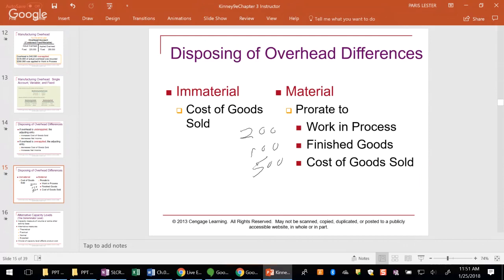Now, if that be the case, you'd add those three up, and you would get 800, 800,000, 800 million, whatever you want there, and you'd put 2 over 8, 1 over 8, and 5 over 8, that'd be your fraction prorated, Giorgio. We'll practice that later, okay?